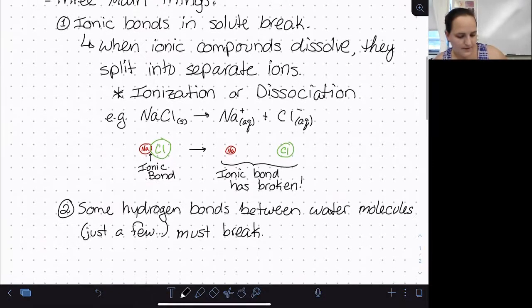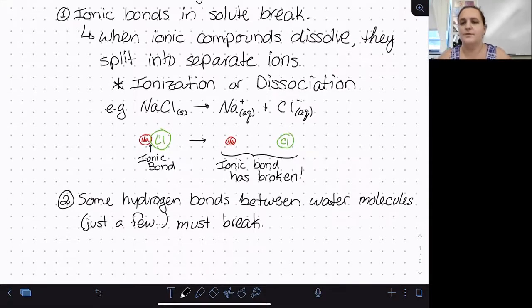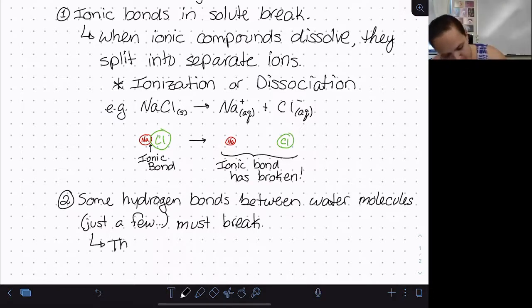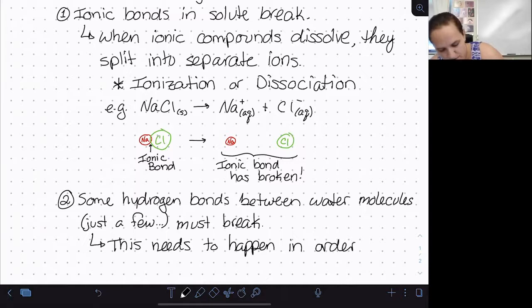This needs to happen essentially to make space for those ions, that the ions are dissolving into the water. The water is mostly all hydrogen bonded with other water molecules, so they're kind of connected in their own way, and the ions need to insert themselves in between. So in order to do that, they're probably going to disrupt some hydrogen bonds in the process. So this needs to happen in order to make room for the ions.